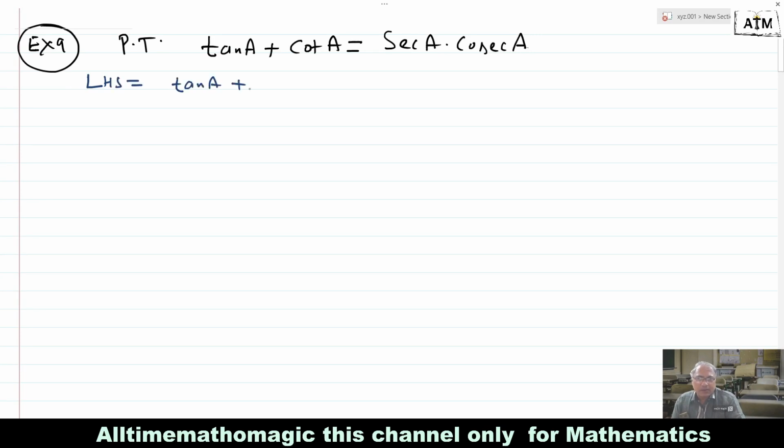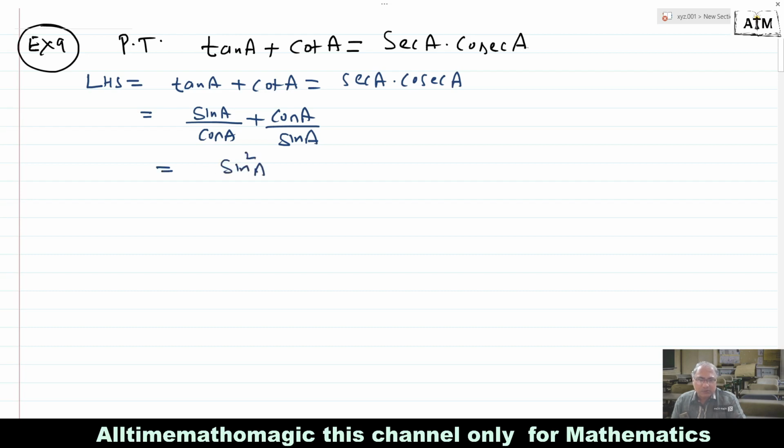Tan A plus cot A. Now tan A can be written as sin A upon cos A, and cot A can be written as cos A upon sin A. Then cross multiplication gives sin square A plus cos square A upon cos A into sin A.